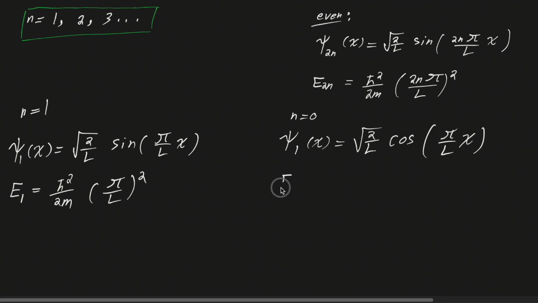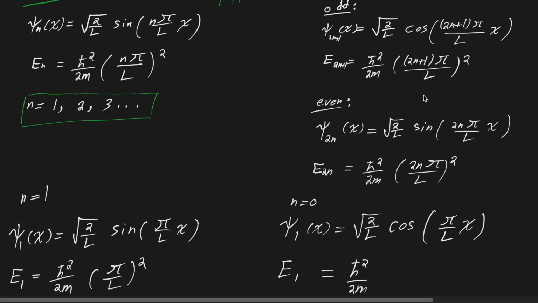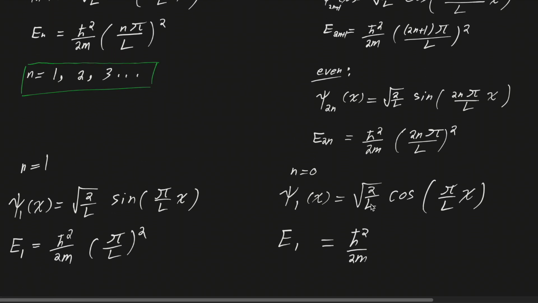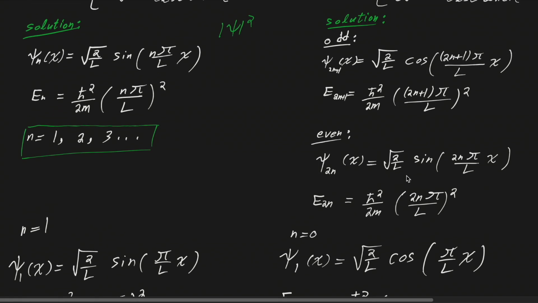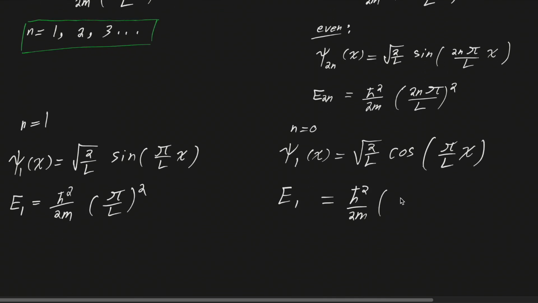And for E1, we'll get h bar squared over 2m, and again substituting n equal to 0, we get pi over L squared as well.